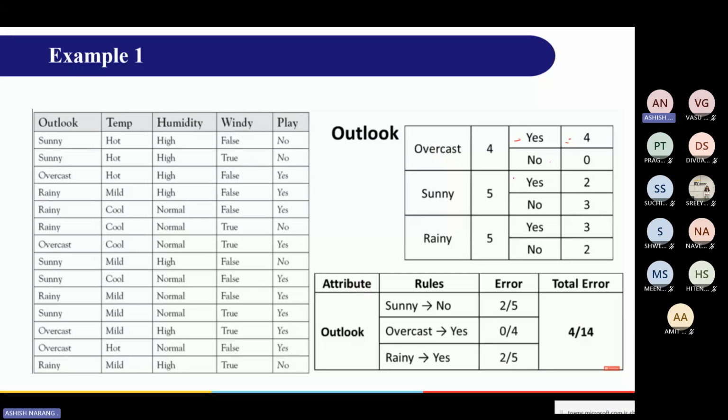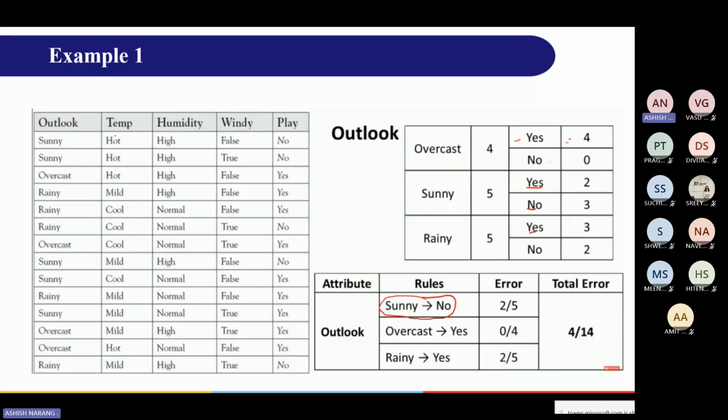Sunny: yes 2, no 3. Raining: yes 3, no 2. Now I have a rule: if the outlook is sunny, I will not play tennis. Let's say that is the rule. Sunny, I will not play tennis.